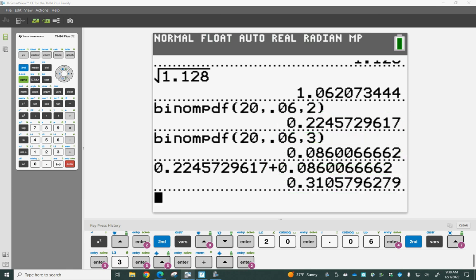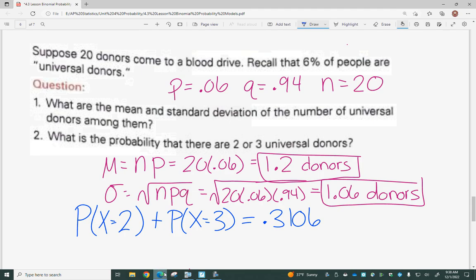And so that is our probability that if we have 20 donors show up to donate blood, there's a 0.3106 probability or a 31.06% chance that 2 or 3 of those 20 people will be universal donors.